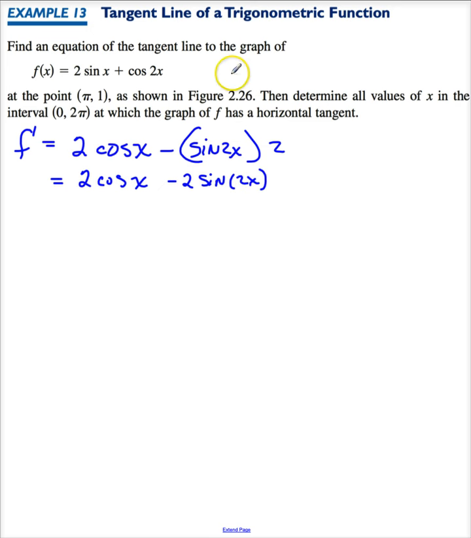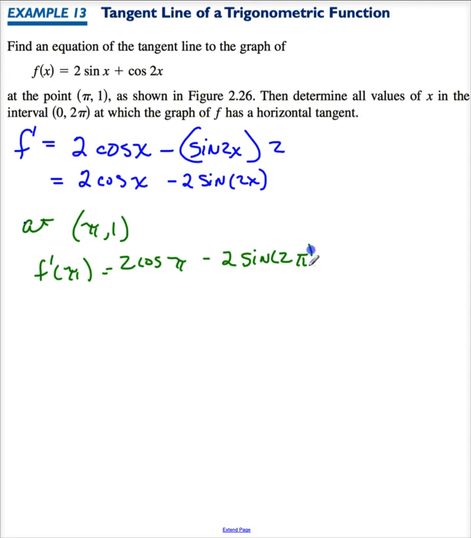Now, we want to find the equation of the line tangent at the point, let's switch colors here, at pi, 1. F prime of pi is 2 cosine of pi minus 2 sine of 2 pi. And that term is 0, and that's negative 1, so this is negative 2.